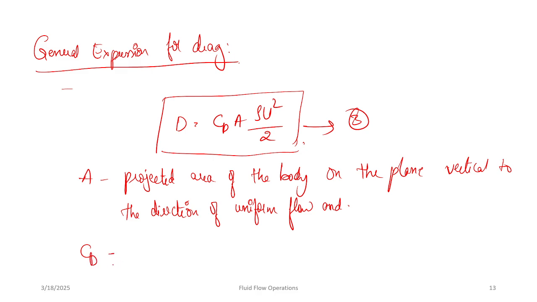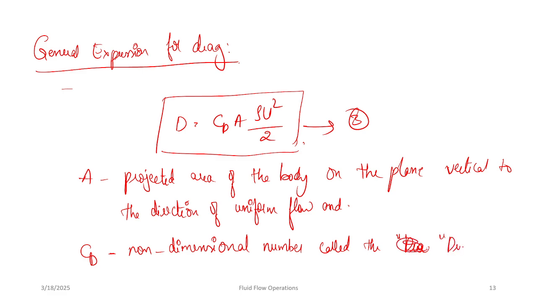And CD is a non-dimensional number called the drag coefficient. Okay, so this is how you represent it. And the drag coefficient has to be determined experimentally.